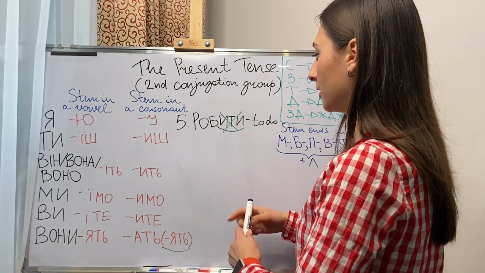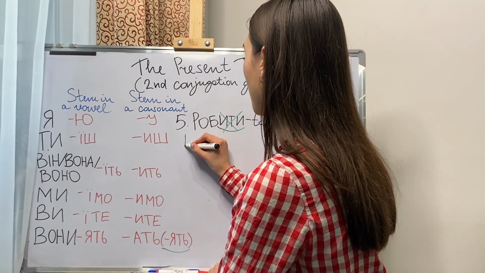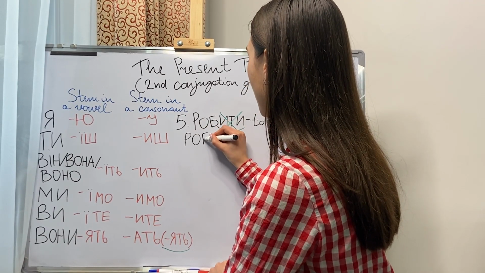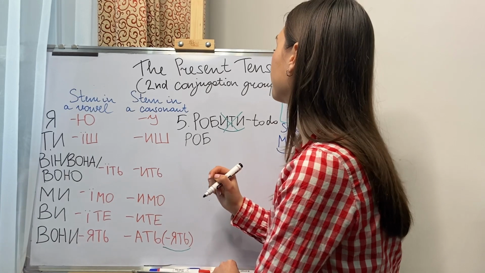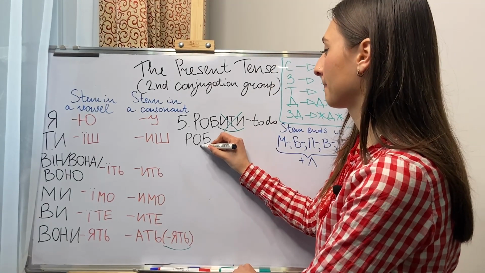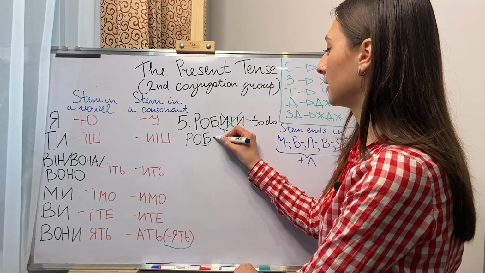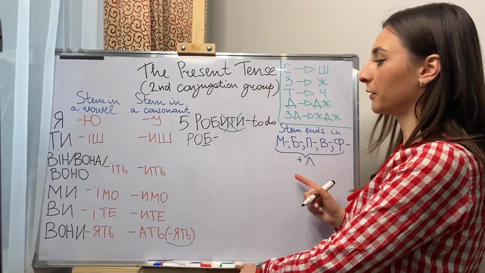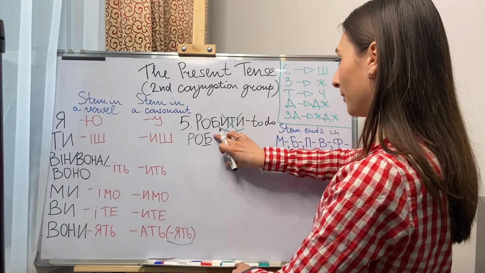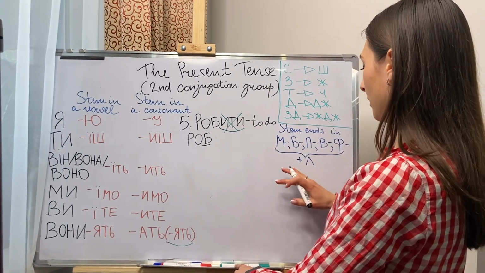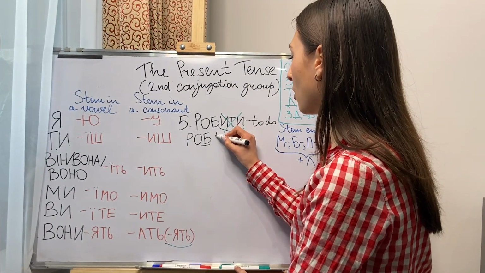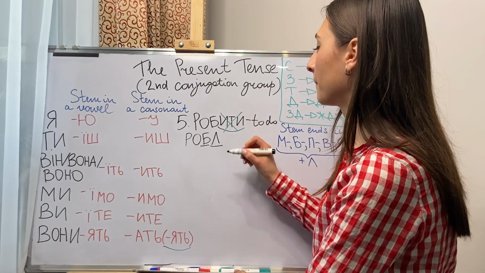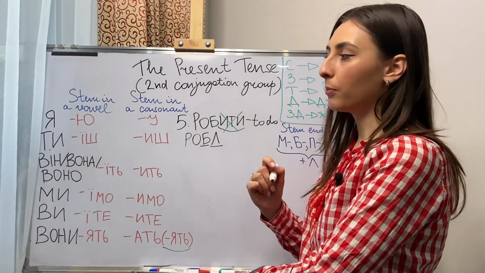Then we have the stem роб. You see, it ends in b. This rule, guys, please write it down. We add l here also, you see, I wrote you. So we have робл.